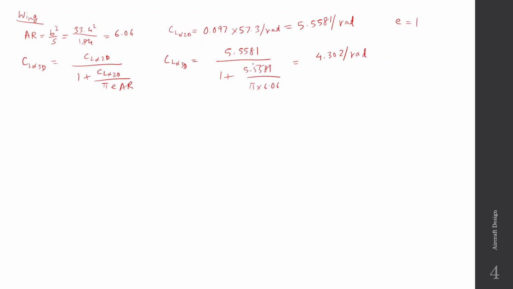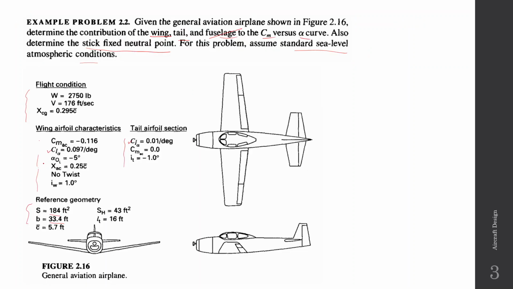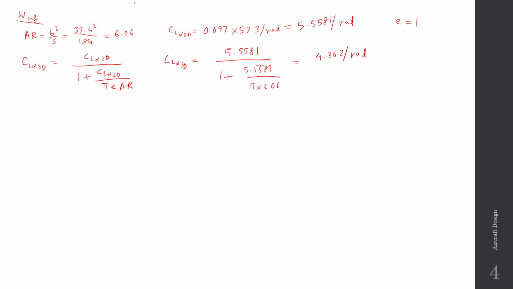Okay, so this is for the wing, and now we'll also calculate the CL naught. From here you can see that the alpha at zero lift is minus 5 degrees. With this we'll calculate the CL naught. CL naught will be CL alpha into the mod of alpha at zero lift.